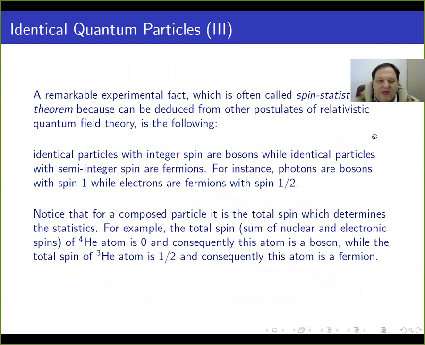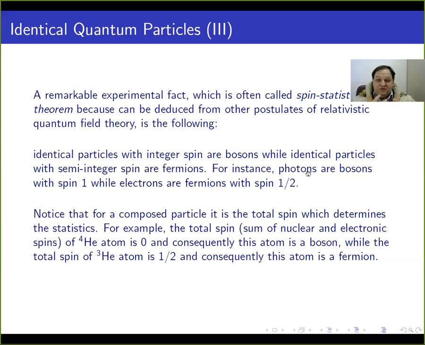A remarkable experimental fact, which is also called the spin statistics theorem because it can be deduced from other postulates of relativistic quantum field theory, is the following. Identical particles with integer spin are bosons, while identical particles with semi-integer spin are fermions. For instance, photons are bosons with spin 1, while electrons are fermions with spin 1/2.